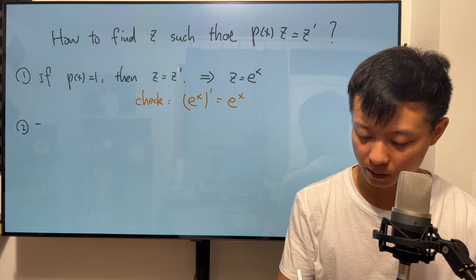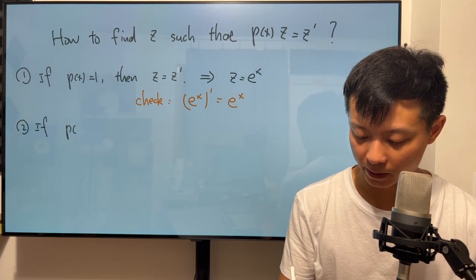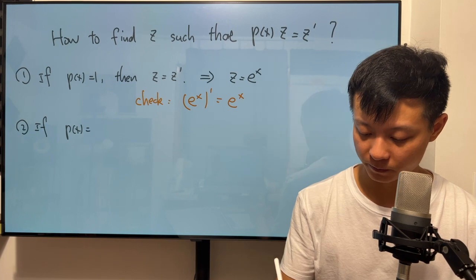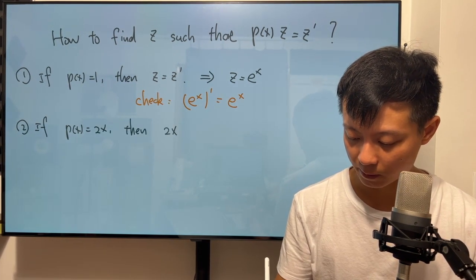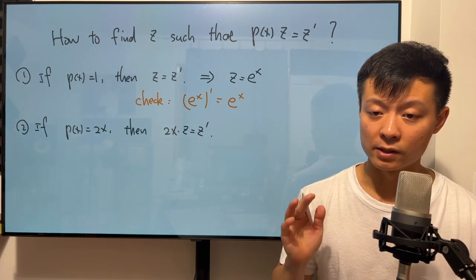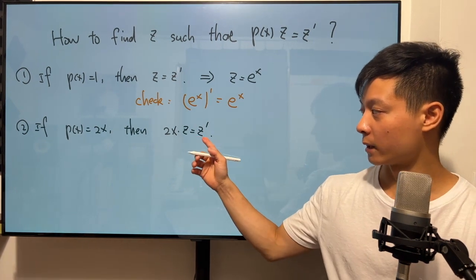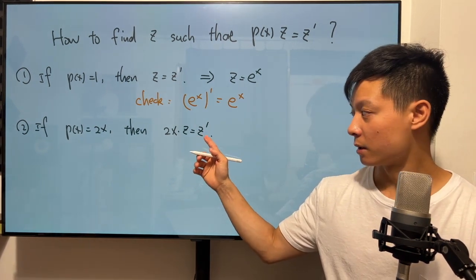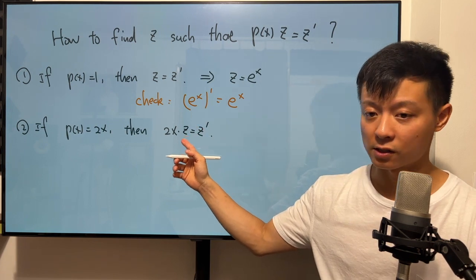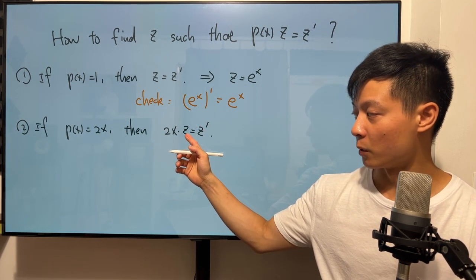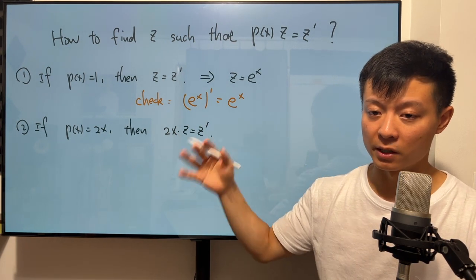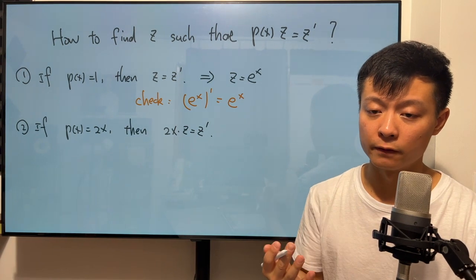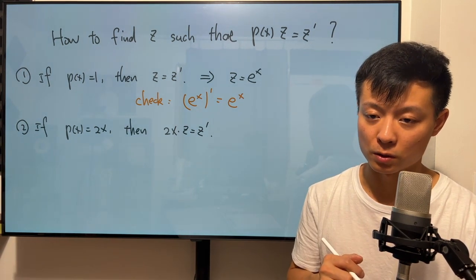And then situation number 2: when p(x) is a polynomial function, let's say 2x, then we're going to have 2x times z equal to z'. So what we are seeing here is that after we take the derivative of the function z, this function is going to stay the same, and then it is multiplied by something extra. And that something extra must come from the derivative of the inside function in the chain rule.